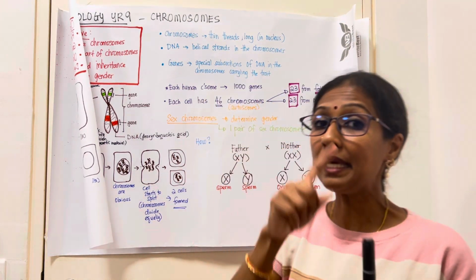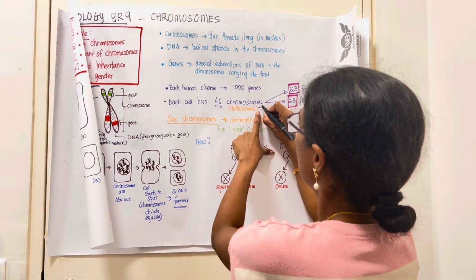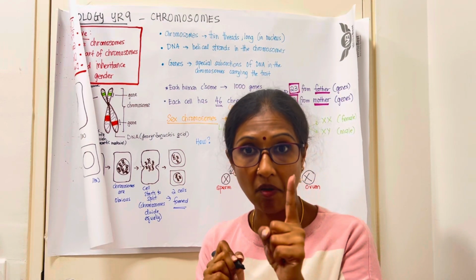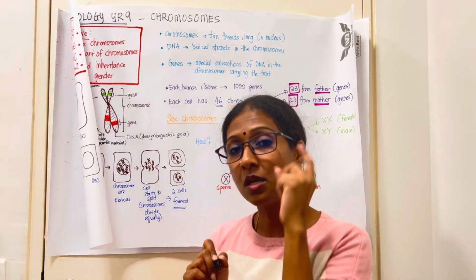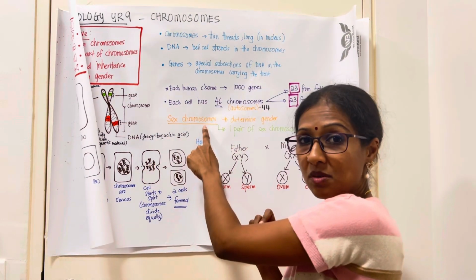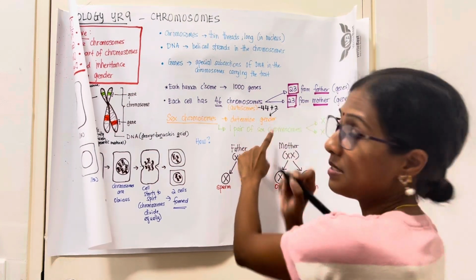That means each cell will have only 44 autosomes plus 2 sex chromosomes. Plus 2 of sex chromosomes.